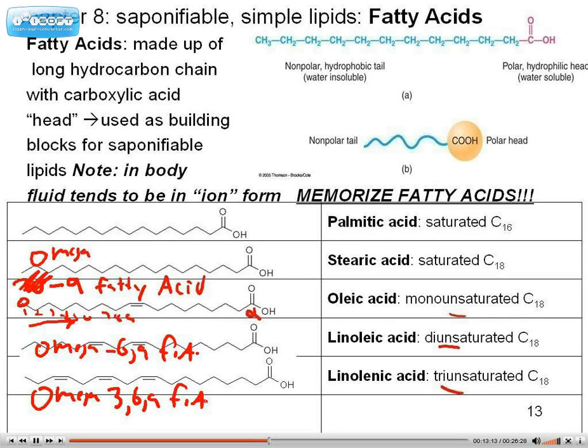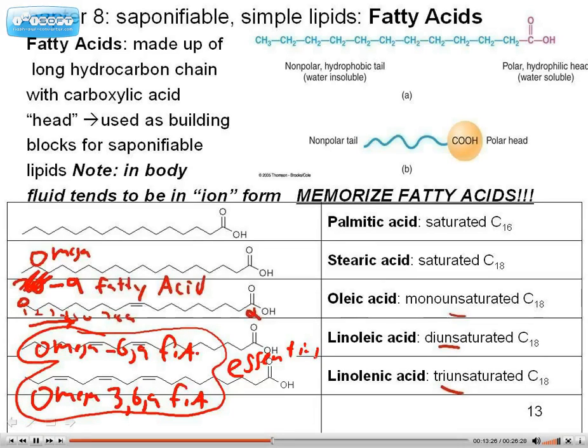So, on various food products, oftentimes they'll talk about how, yes, these contain the essential omega 6,9 and 3,6,9 fatty acids, in which case it includes the linoleic acid and linolenic acid. I do want to point out that there are other types of fatty acids. These are the main ones that you need to know, and they're the easiest ones to memorize.